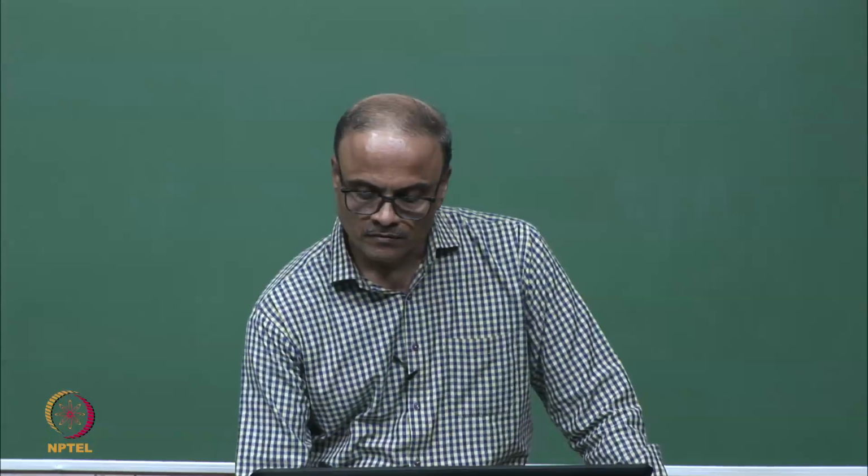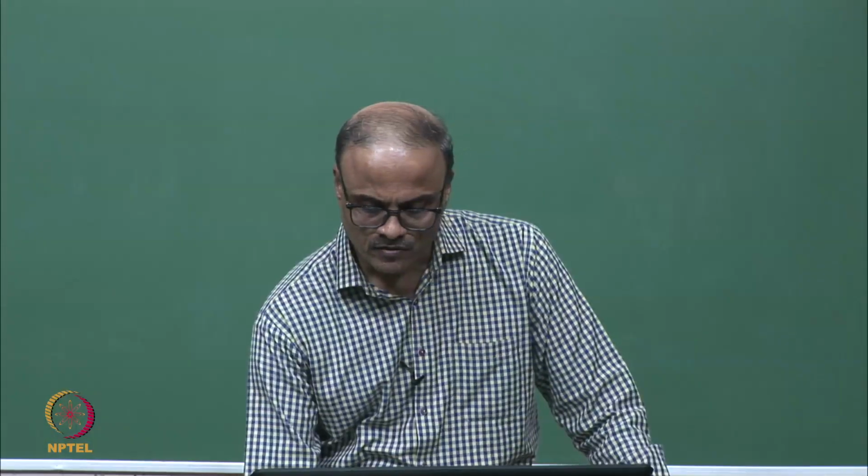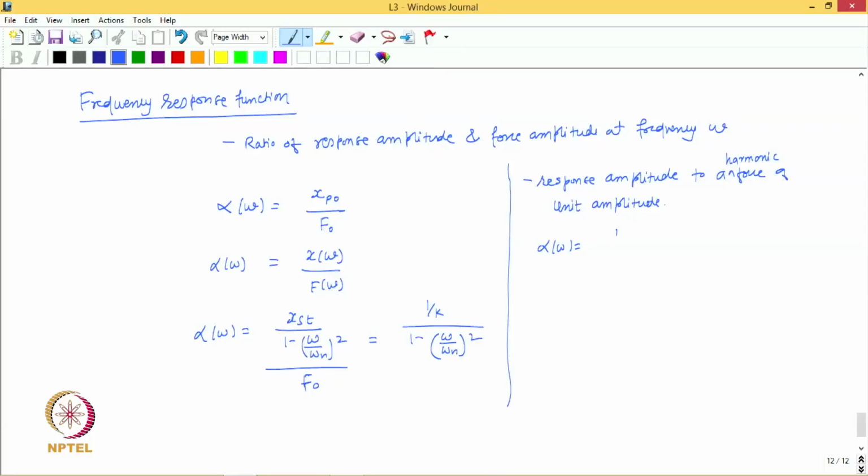For the present case we can also write this as, because XPO in our case was F naught upon k minus m omega squared, that is the particular part of the response amplitude divided by F naught, we also get an equivalent expression for the frequency response function as 1 upon k minus m omega squared.